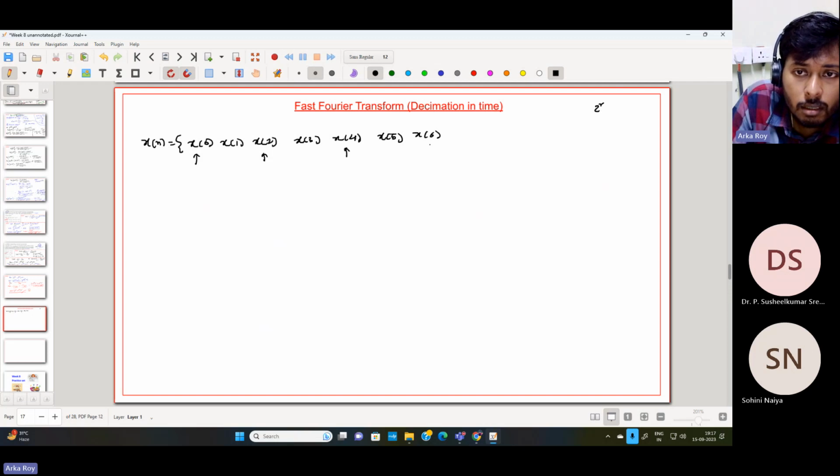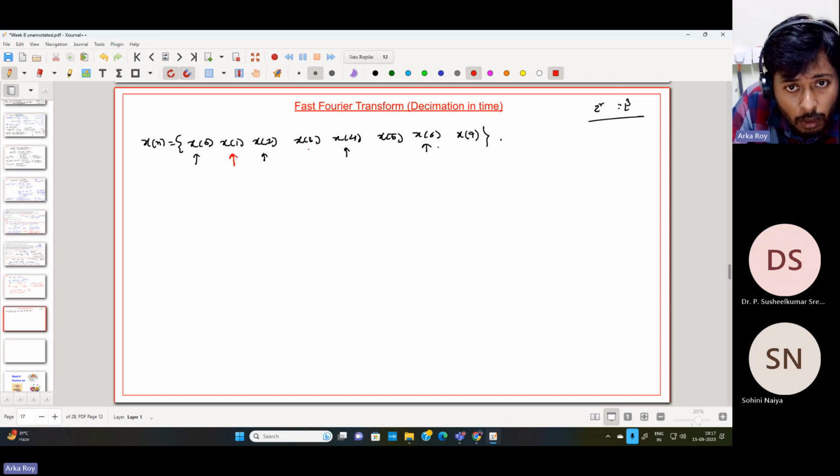So x6 and x7, so it will give me 0 to 7. That means a total of 8, that means 2 to the power 3, for x4 and correspondingly x6. And followed by that, I can take another polyphase which will have only the odd parts.